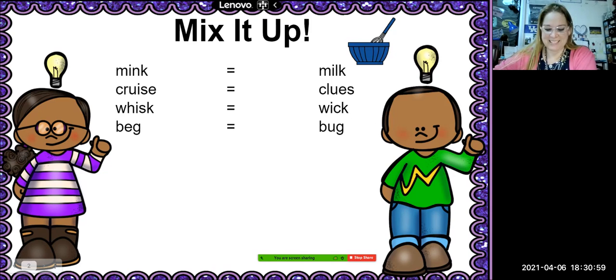Good, it's bug. Nice. Our next word is crimp. Crimp. And we're going to change the m to s. It is crisp. Very good. The next word is hunt. Hunt.